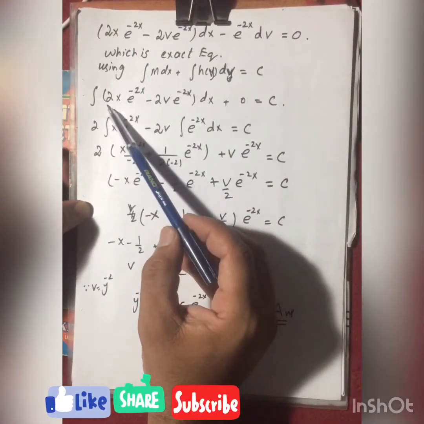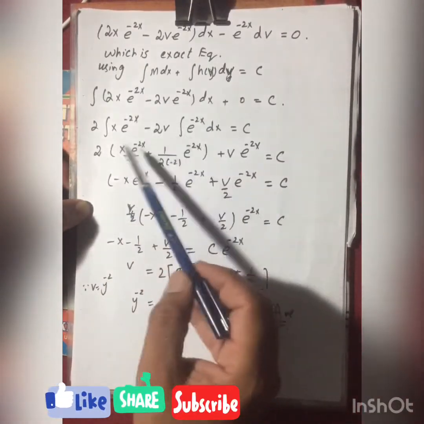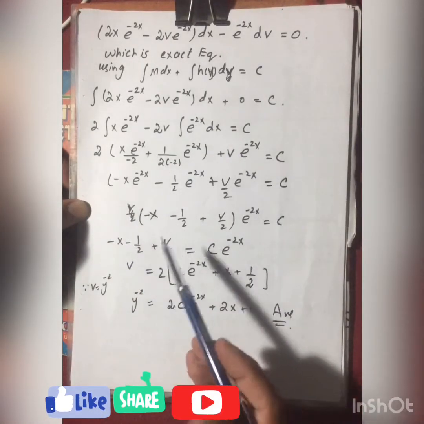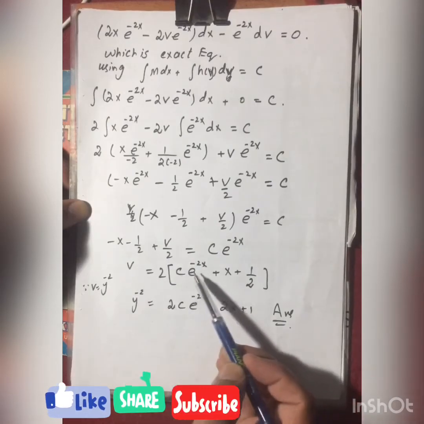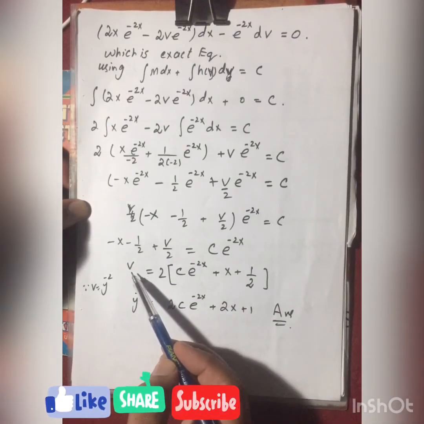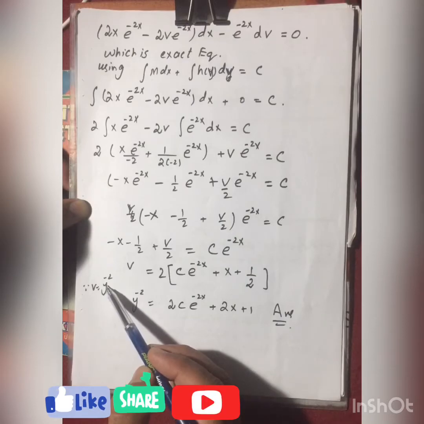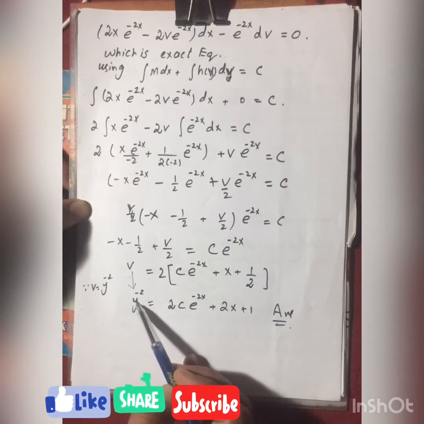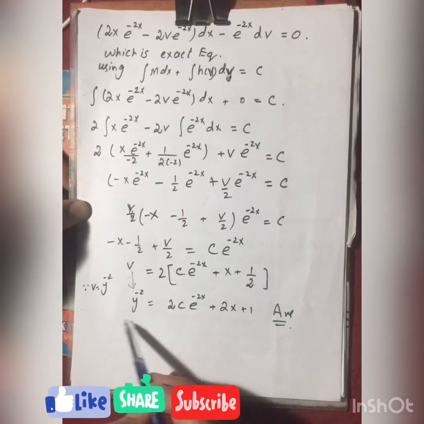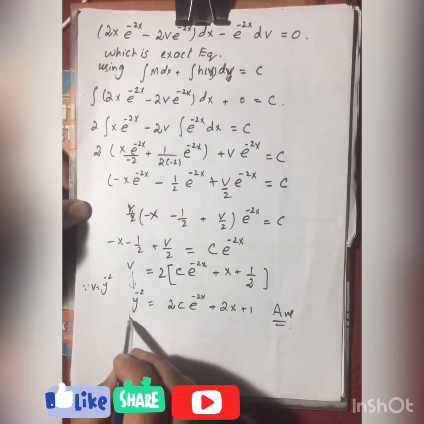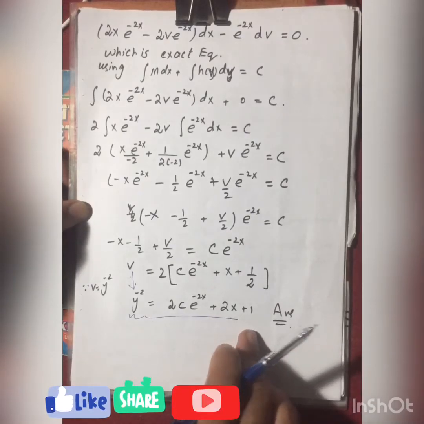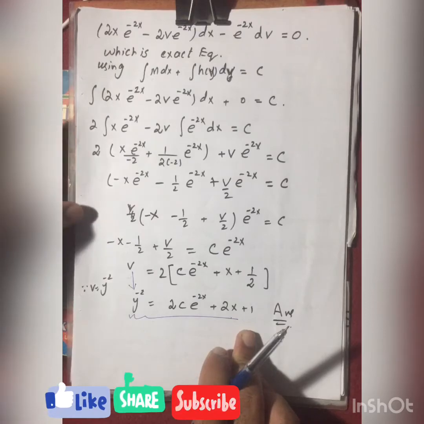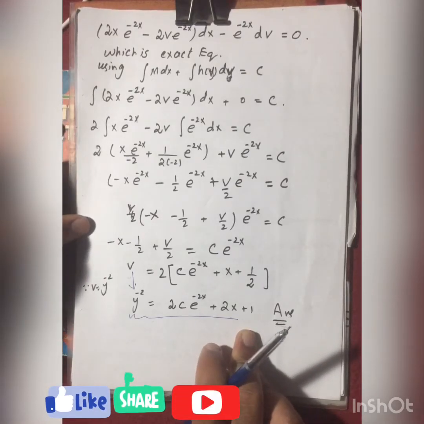After integrating and simplifying, you will get the answer in the form of v and x. Then v is back substituted, equal to y raised to power minus 2. So this is your required answer. There may be some error about the constant, but you may correct it. This is the method, shown in the example.